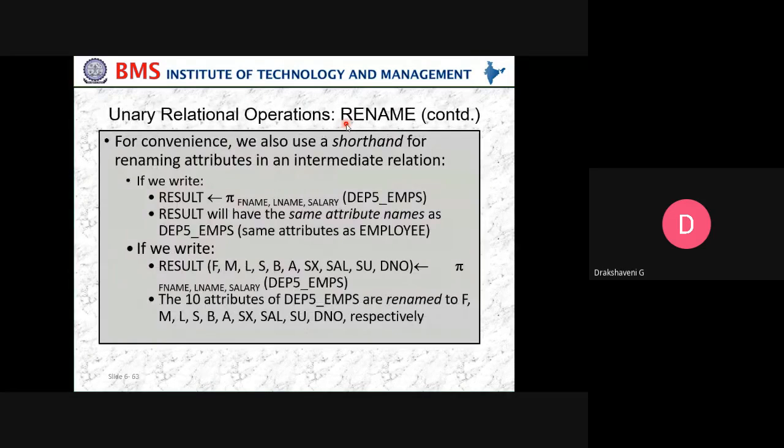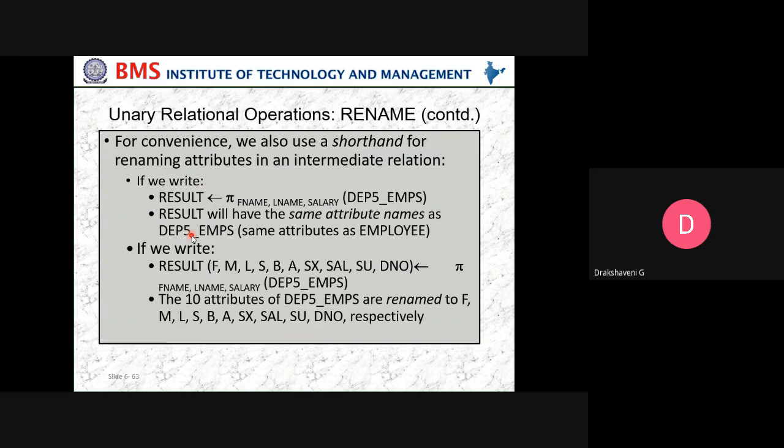In the same way, unary relation operation, that is rename. For convenience, we also use a shorthand for renaming attributes in the intermediate relation. If we write result, pi first name, last name, and salary from the department employees, the result will have the same attributes as department 5.